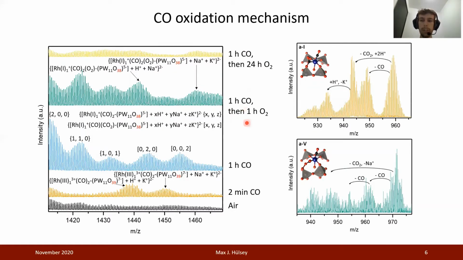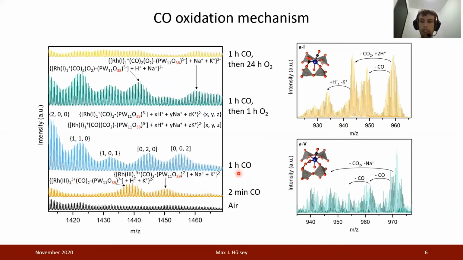Now, through this solution of the active site of the catalyst, we can bubble different gases. If we bubble, for example, a carbon monoxide containing gas atmosphere for 2 minutes, we see the formation of different catalyst intermediates. In this case, it's carbon monoxide bound to rhodium 3+.